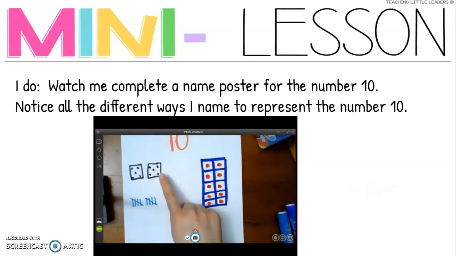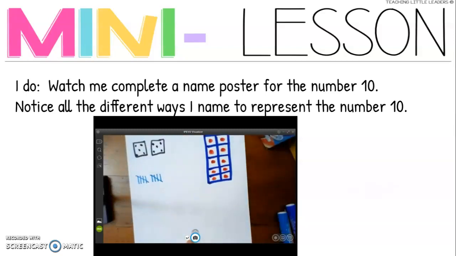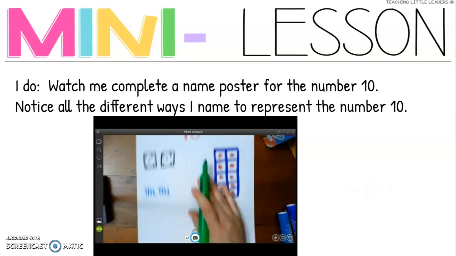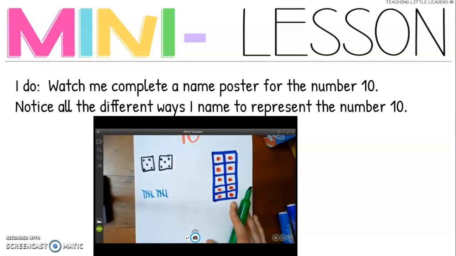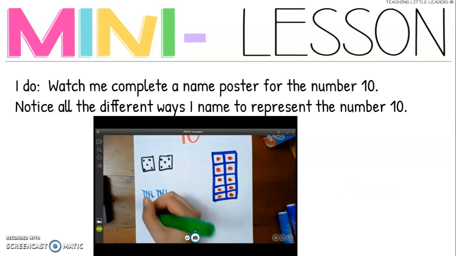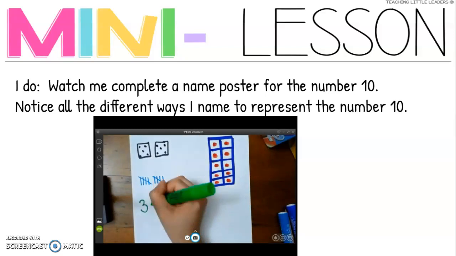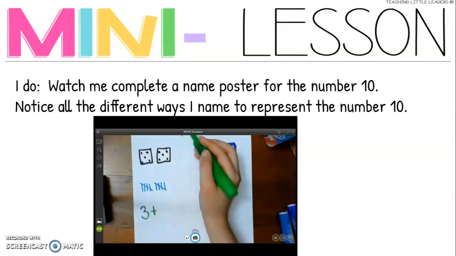Okay, we have dice, tally marks, 10 frame. What about an equation? We could try an equation. I'm going to grab another color. A way to make 10 using an equation. What about if I had 3? Let's start with 3. And I'm going to add plus. How many more do I need to make 10?